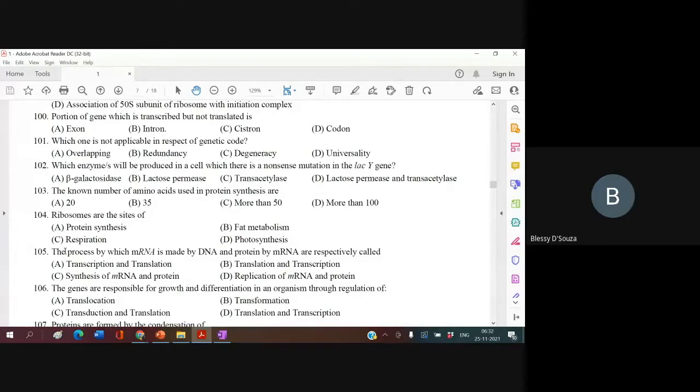A. 104. A. 105. A. 106. D. Translation, transcription.